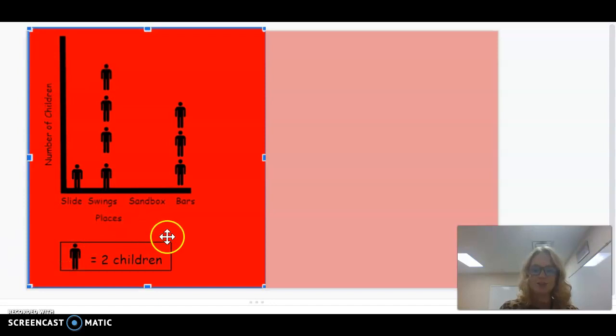Here is the legend. Now, each person right here is equal to 2 children. So you can see through here that 2 plus 2 plus 2 plus 2 is 8. So there are 8 children on the swings.